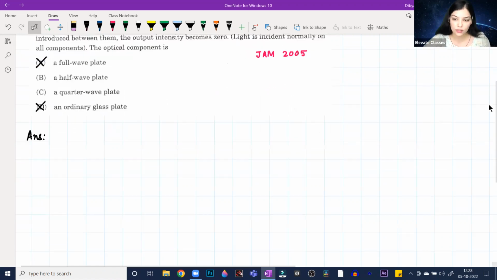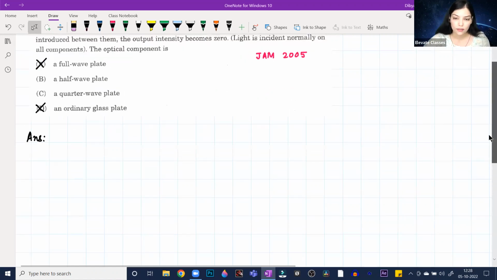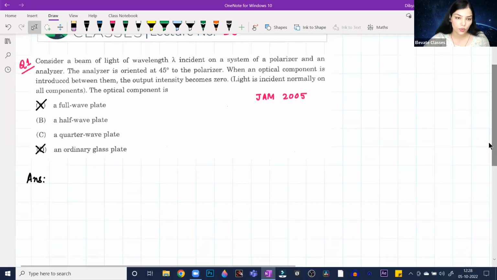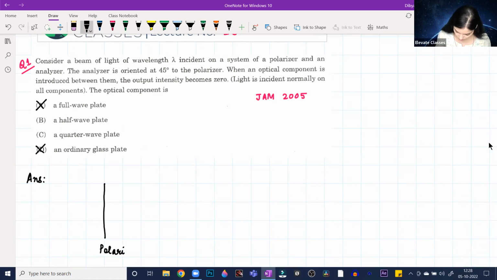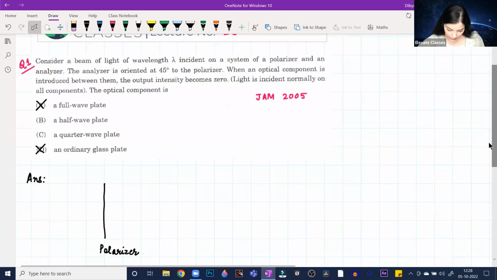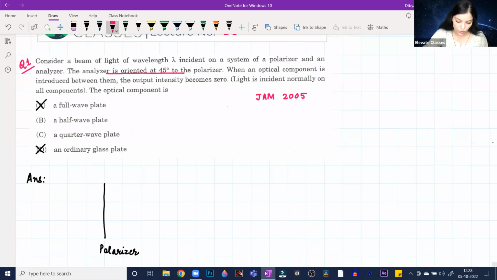Let me do this question. Then there are a lot of questions. Slowly you will understand how to attempt them, but let me show you how to do this one. So what is told is that I have a polarizer. Let us say this is the pass axis of my polarizer. And then what is given to me is that there is an analyzer, but the analyzer is oriented at 45 degrees to the polarizer.